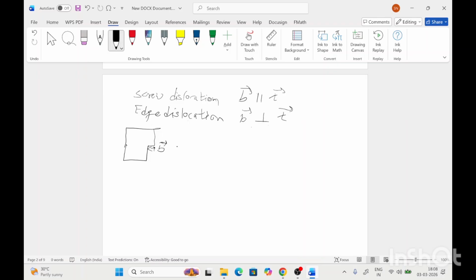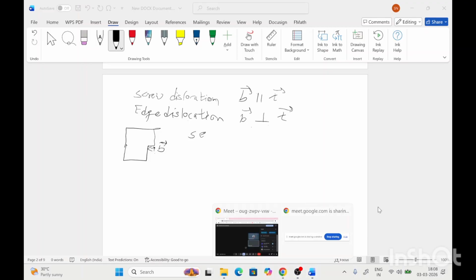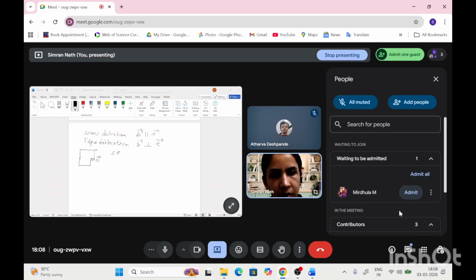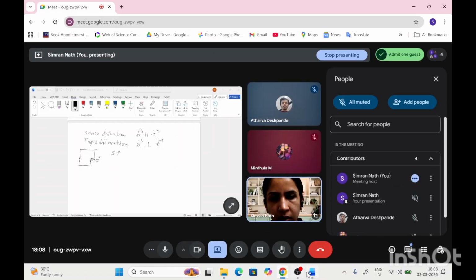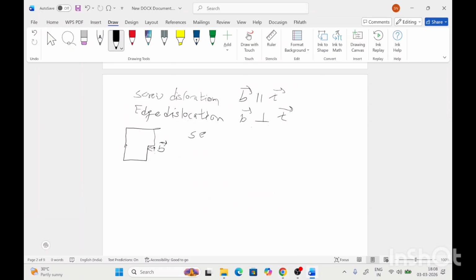The direction of this step also depends on the two types of dislocation.